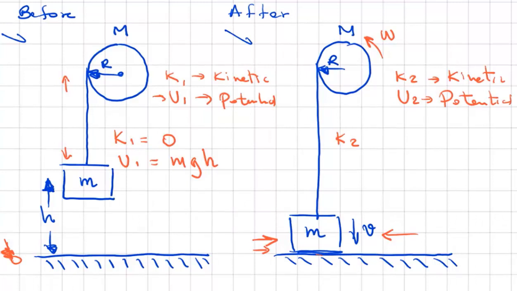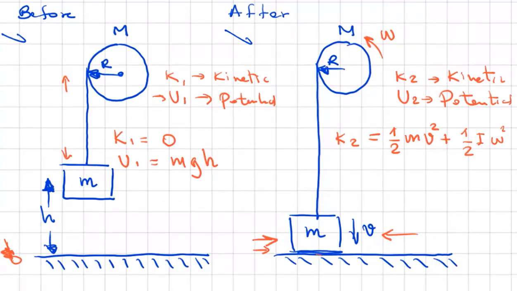Then we have the composition of the kinetic energies. The kinetic energy of the block is by definition 1/2 of the mass multiplying the velocity squared, plus the kinetic energy due to the rotational motion of the disk, that is by definition 1/2 of the moment of inertia multiplying the angular velocity w squared.